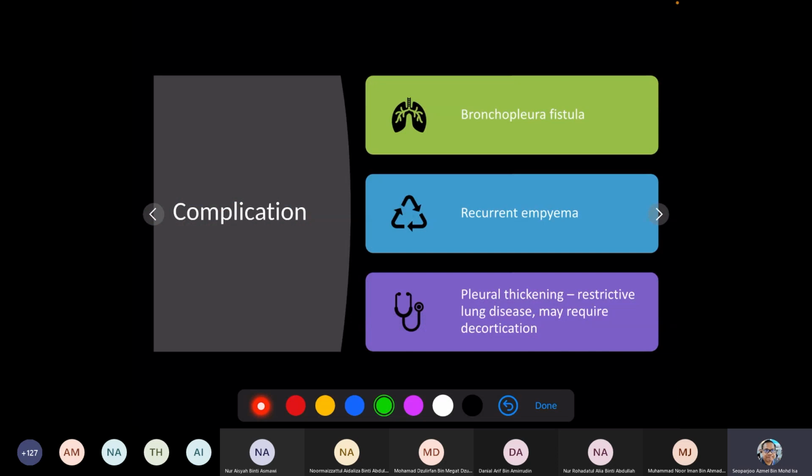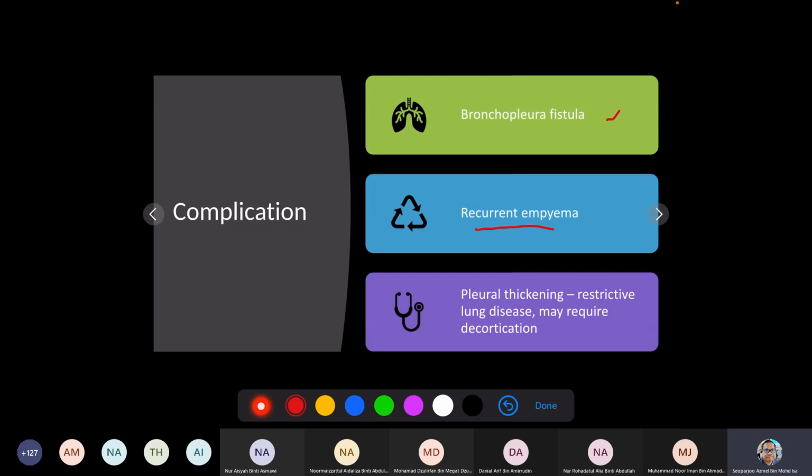All right, the complications, if left untreated or even if treated, the patient can present with bronchopleural fistula, where there's a channel connecting the pleura from the inside of the chest wall to the outside, to the skin. So there'll be a fistula there. Or the patient can present with recurrent empyema.